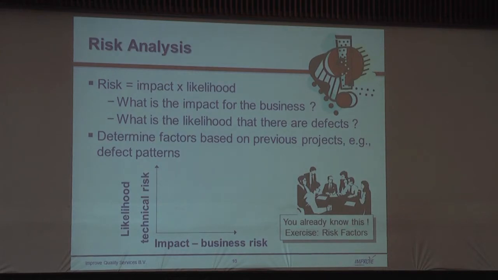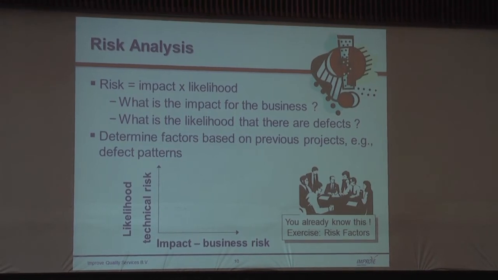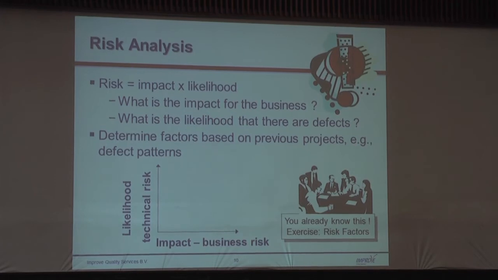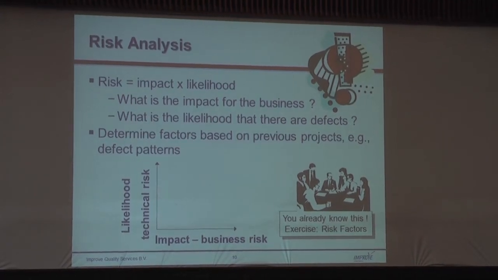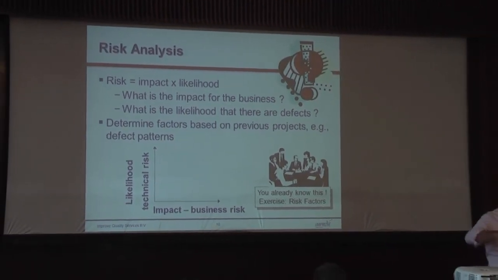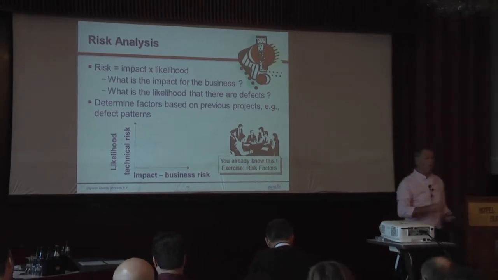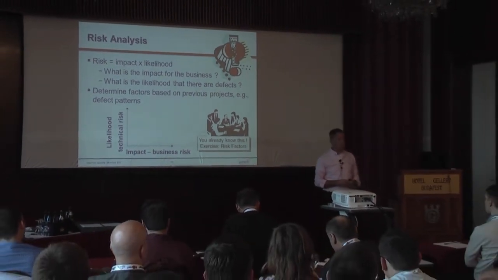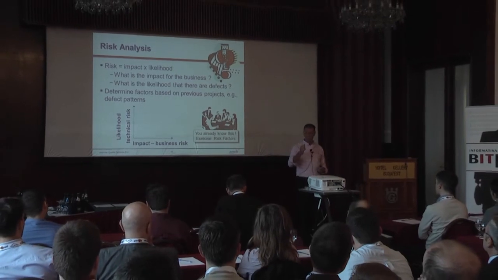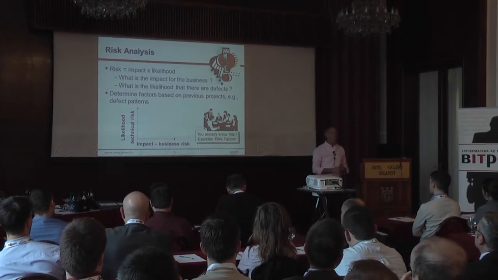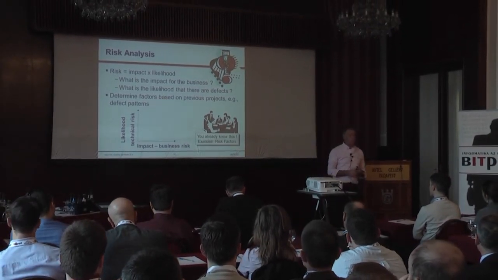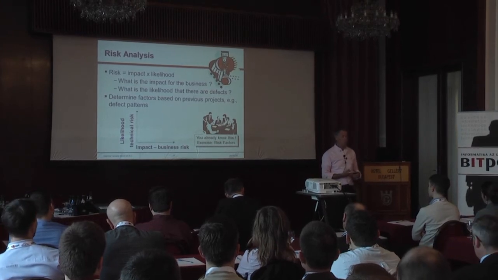What are the reasons why sometimes we find more defects somewhere? And if we do this in the workshop, we then start raising hands and people say, well, because there are many interfaces. Okay, that's a good reason, yeah. Because it's being developed by new developers, inexperienced people.